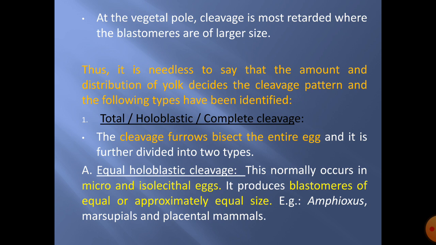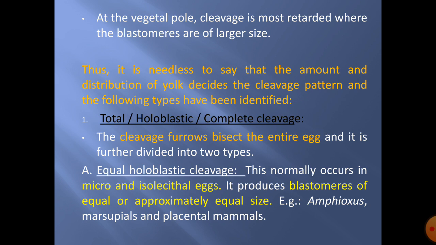First one, total or holoblastic or complete cleavage, where the cleavage furrow bisects the entire egg, and this total cleavage is further divided into two types.